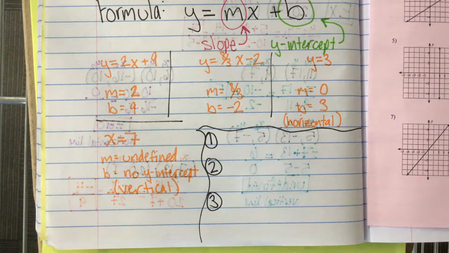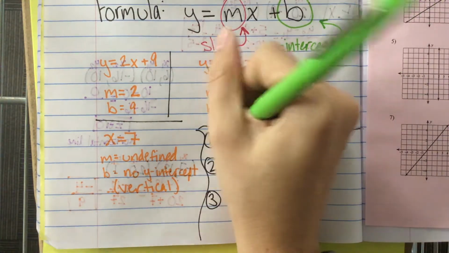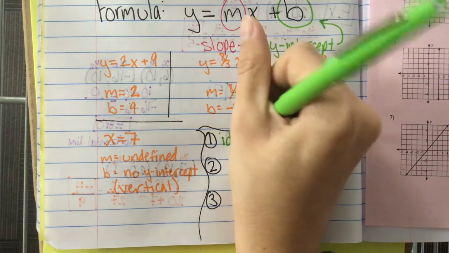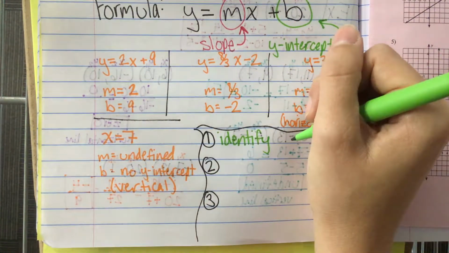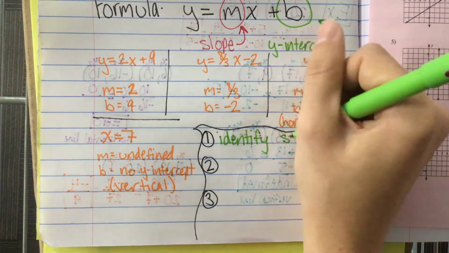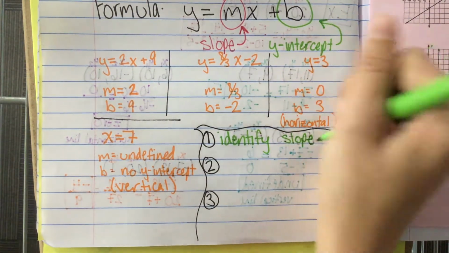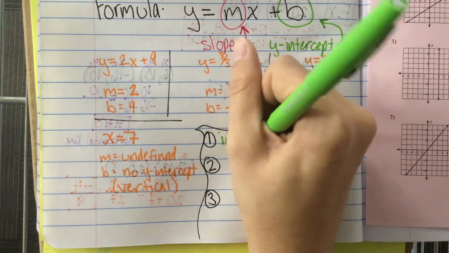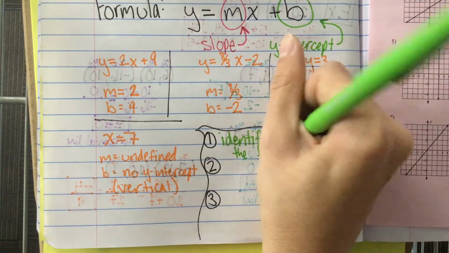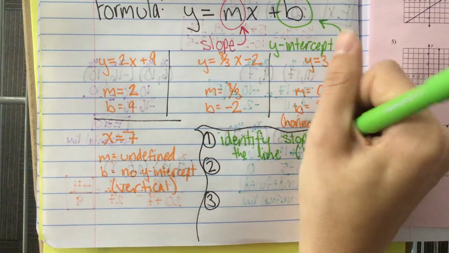Step number 1 is going to be identify the slope of the line. Which is what we've been doing, right? We know how to identify slope of a line. It's rise over run.